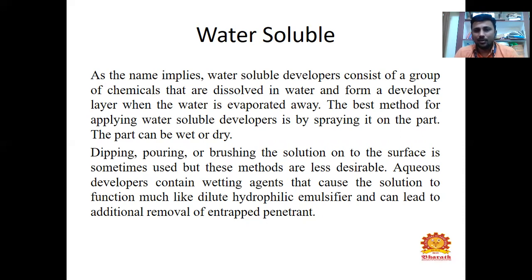Dipping, pouring, and brushing the solution on the surface is sometimes used, but these methods are less desirable. Some developers contain wetting agents that cause the solution to function much like a dilute hydrophilic emulsifier, which can lead to additional removal of penetrant.